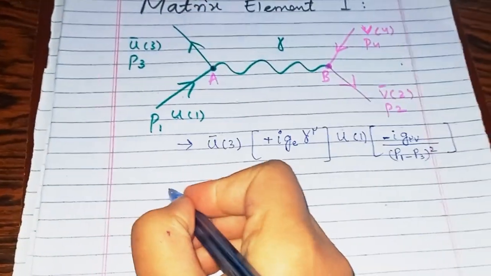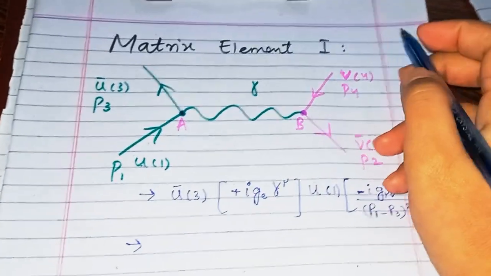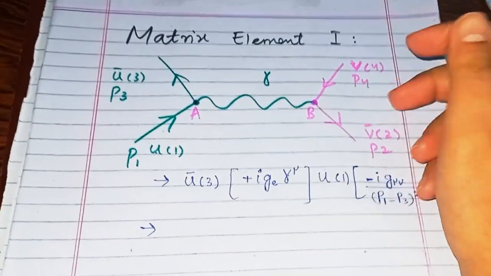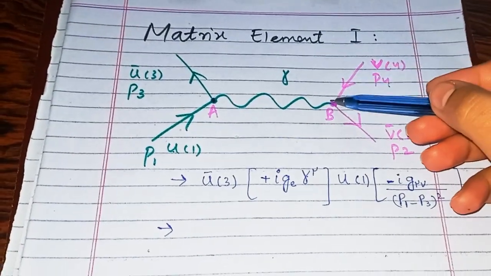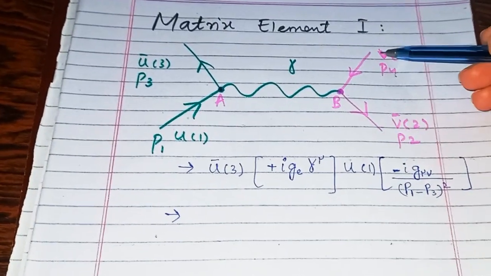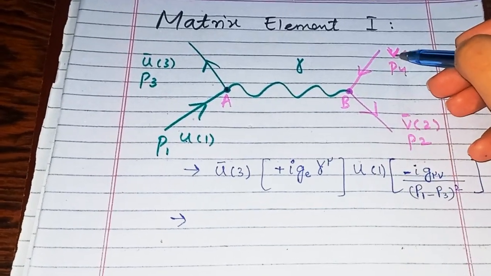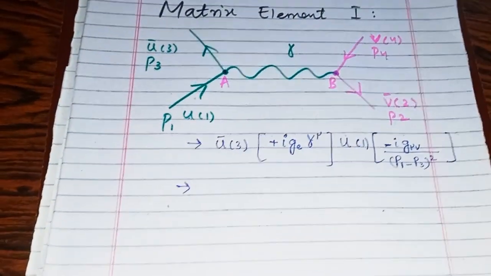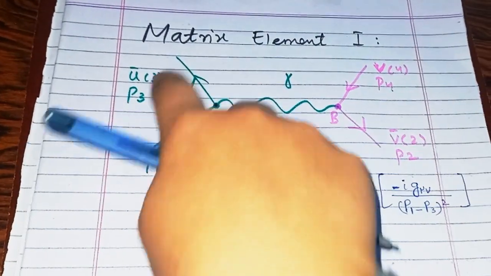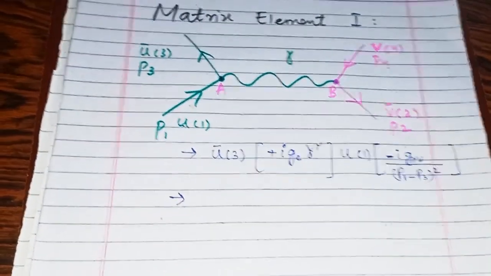And let's write down the matrix element for this half process. So we'll move backward. The arrow is in this direction, you can see the arrow is downward, so we'll move in the upward direction. So we'll write this one first, then the vertex vector, and this one next. So it's always depending upon the fermion arrows. We'll write the mathematical form backwards.